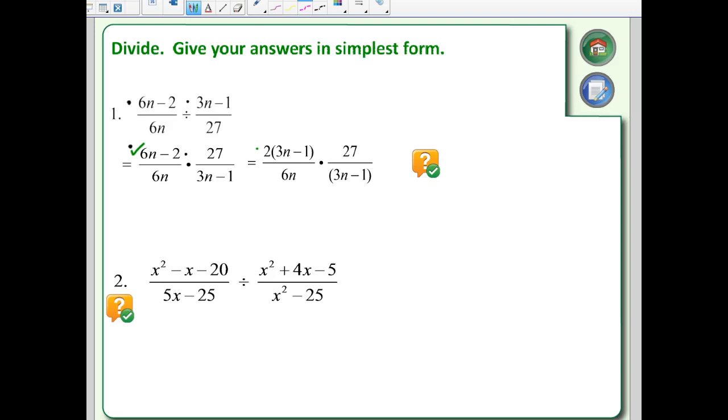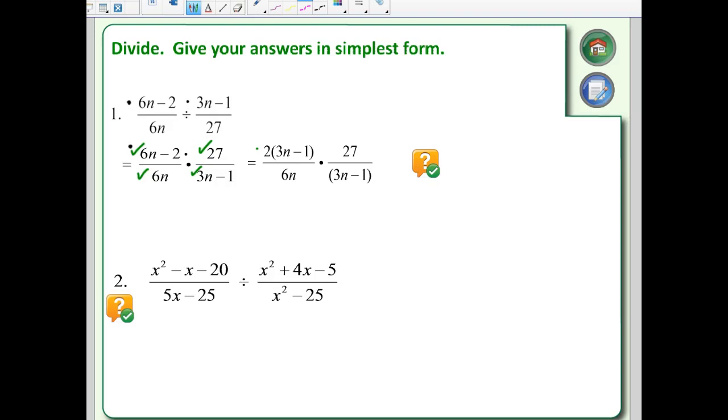The first denominator is a monomial in its lowest form, with no GCF, so I'm done with that. In the next fraction, the numerator is just 27, which is in its lowest form, and the second denominator has no GCF, so I'm finished there.